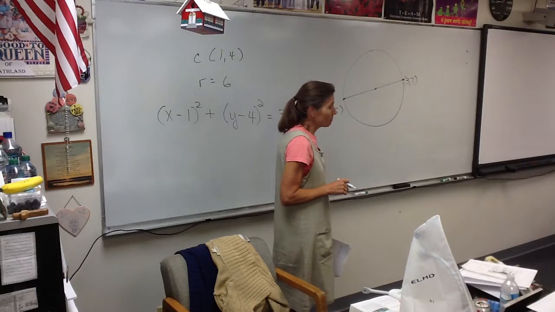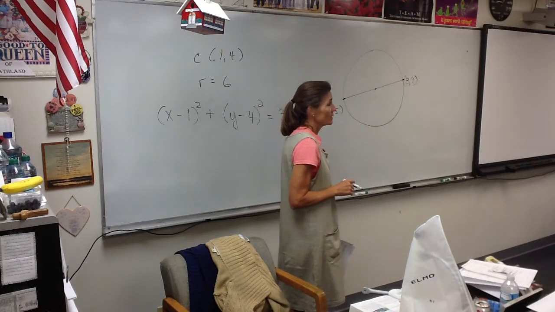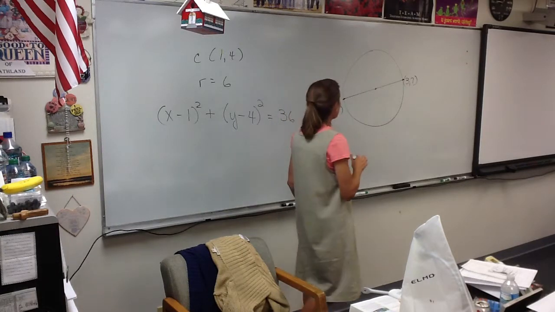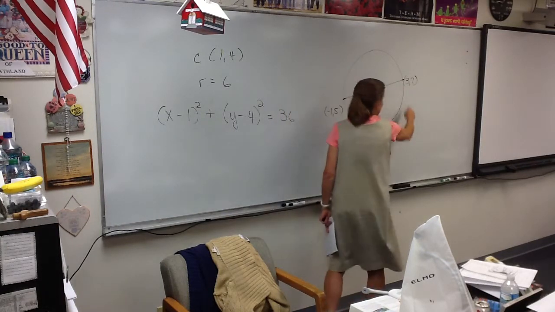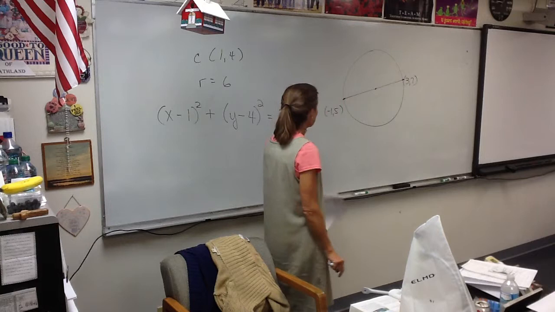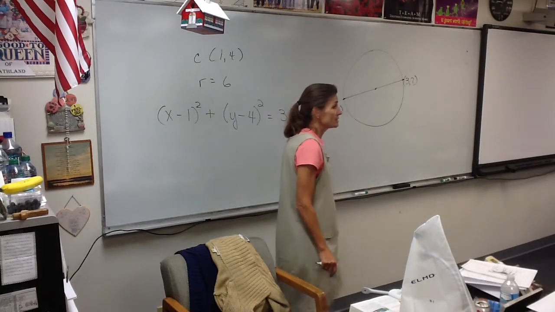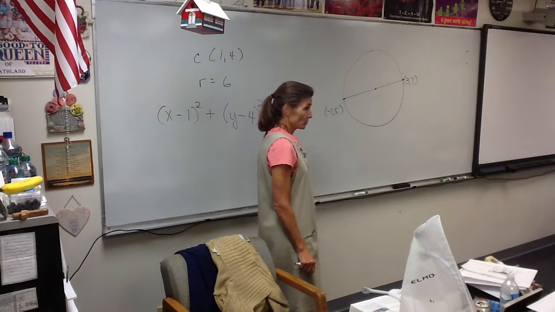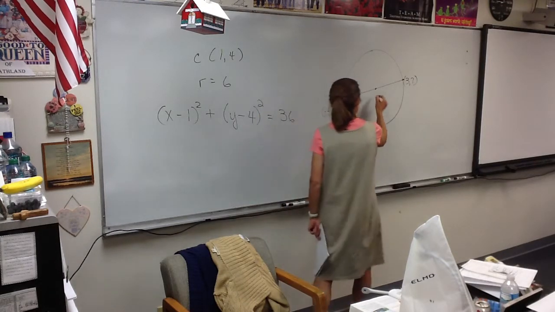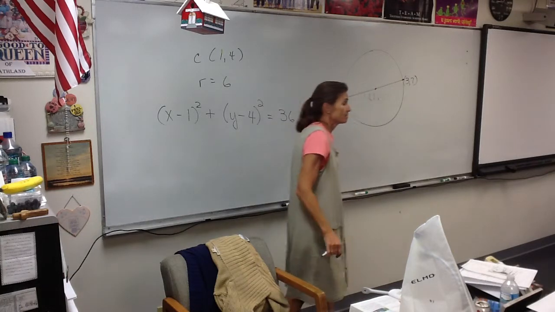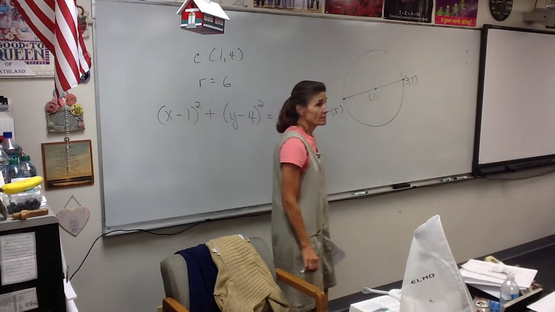We know how to find midpoint, we just talked about it. Midpoint is average, so I'm going to average these. That means add them and divide by 2. So -1 and 3 is 2, divided by 2 is 1. 5 and 7 is 12, divided by 2 is 6.